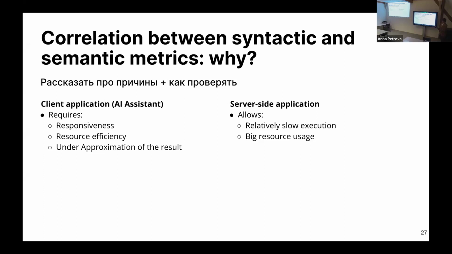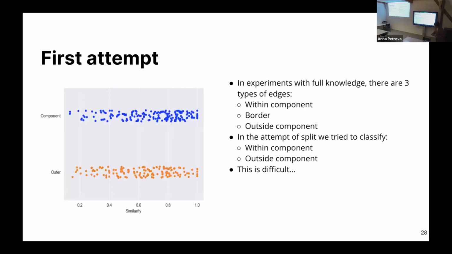It could be an under-approximation, so we can throw away some results that are actually true, but we just haven't found them in our approximation. On the other side, we can implement server-side applications that allow us to slowly execute everything that we need, like using semantic metrics as we have now, and we can use as many resources as we have.